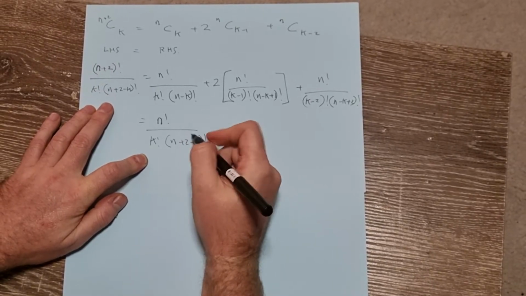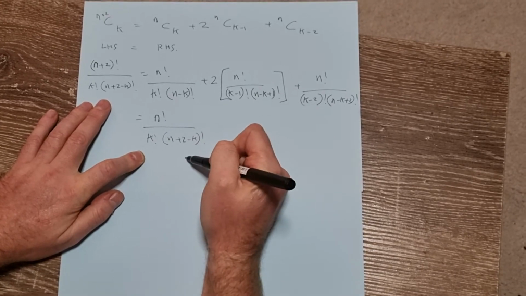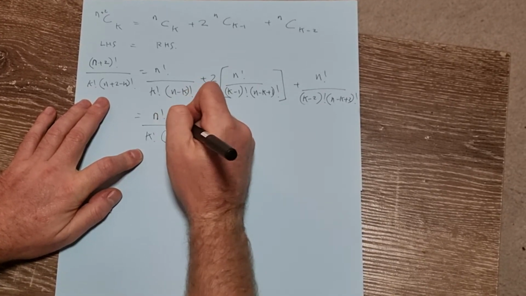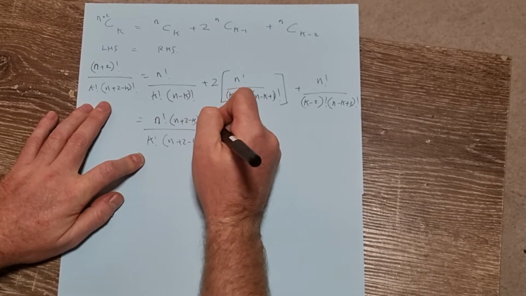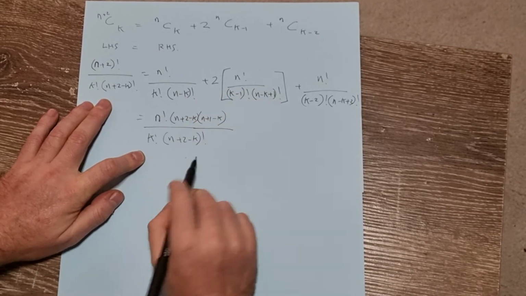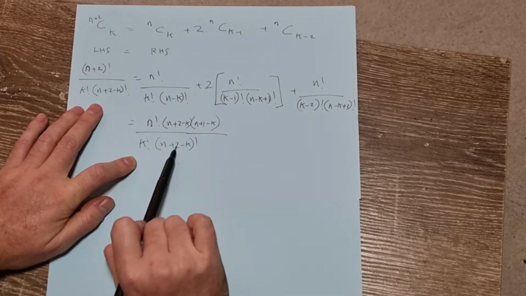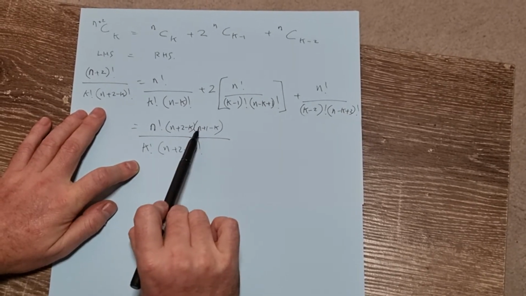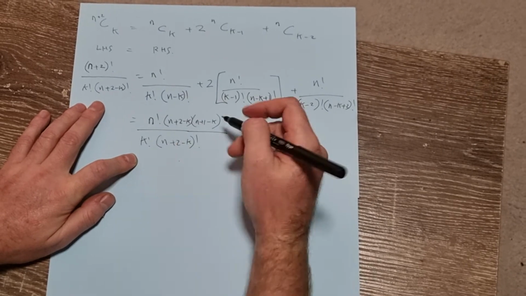And I hope you can recognize that this is 2 iterations before. So we need to insert at the top (n plus 2 minus k) and (n plus 1 minus k). And if you complete 2 iterations of this, you will see that this cancels out and we're just left with the original, which is (n minus k) factorial.